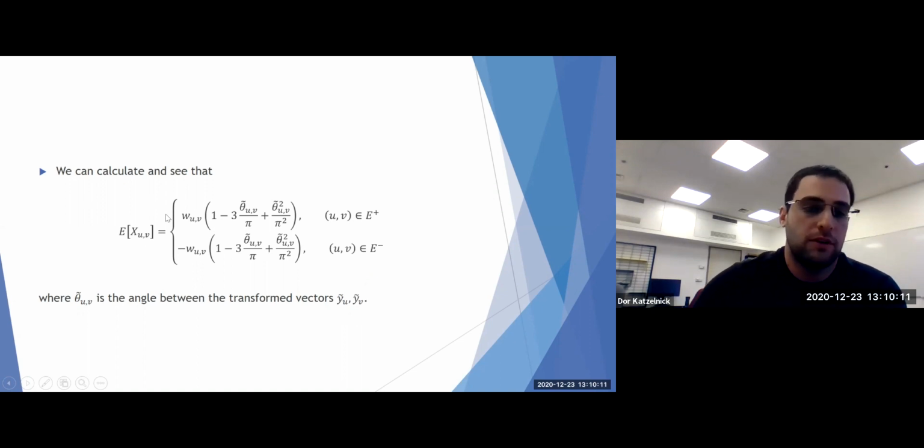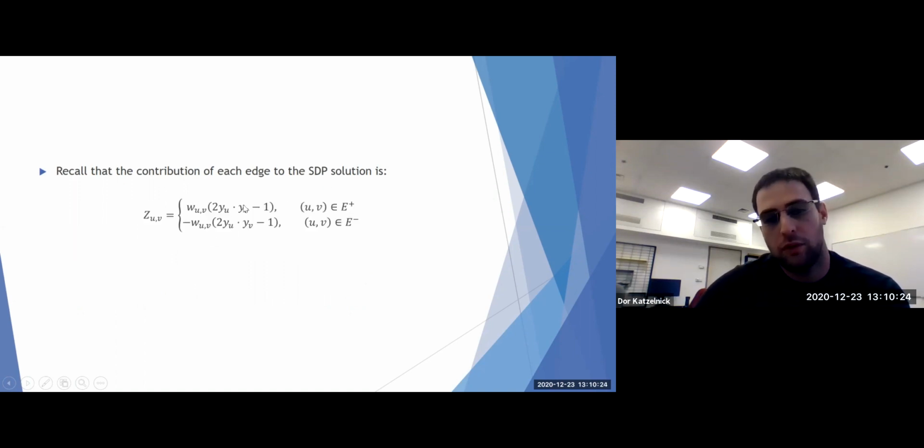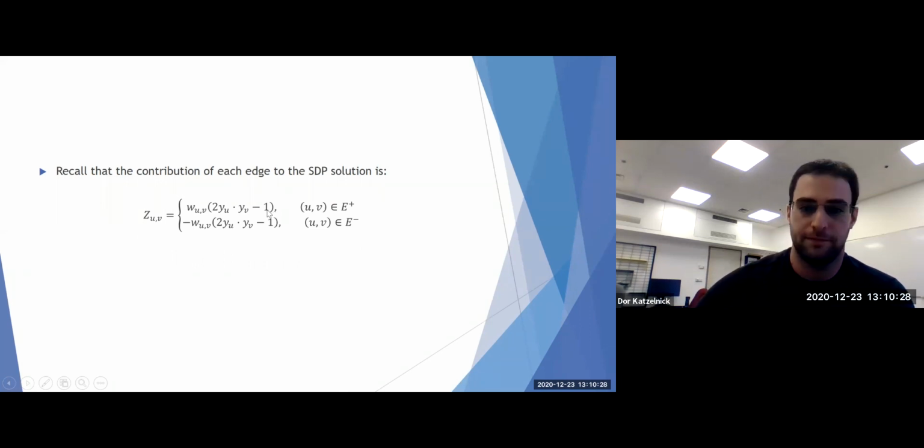Okay, so we have an expression for the expected contribution. Now I will remind you that the contribution of every edge to the SDP solution is exactly this value. This is what we had in the objective of the semi-definite relaxation. So for a plus edge, we had this value, and for a minus edge, we had this value.